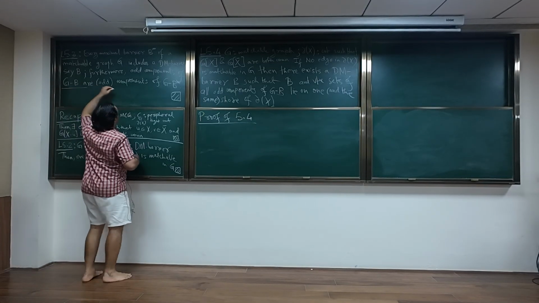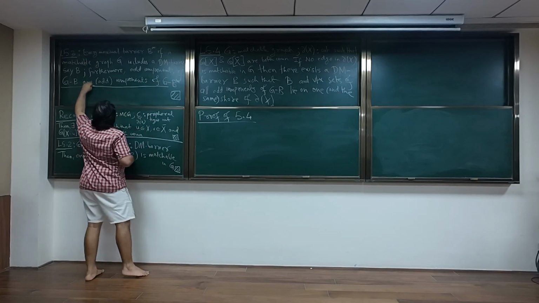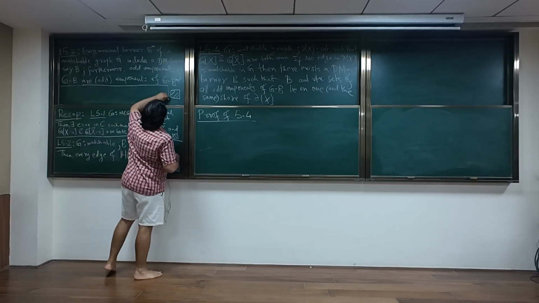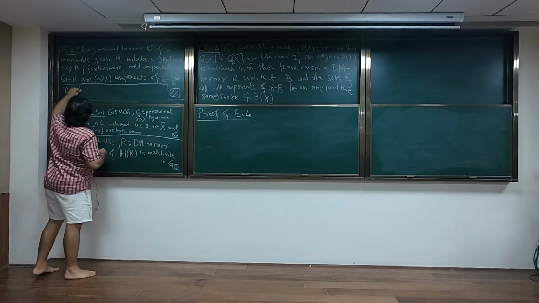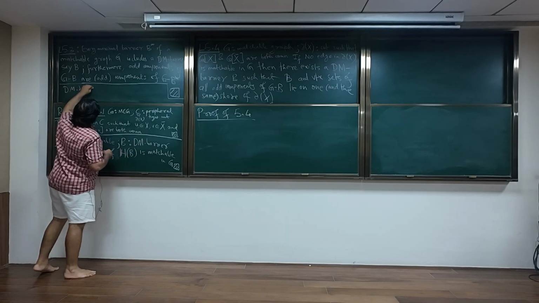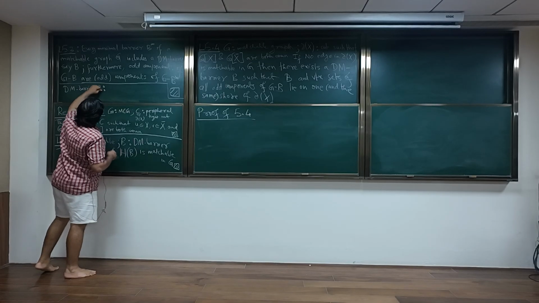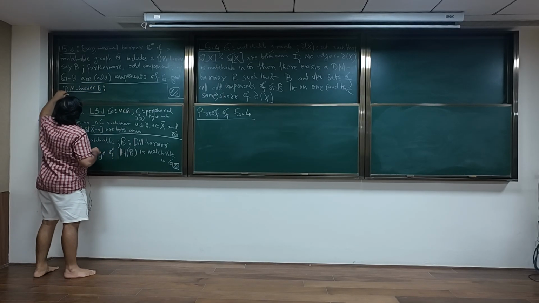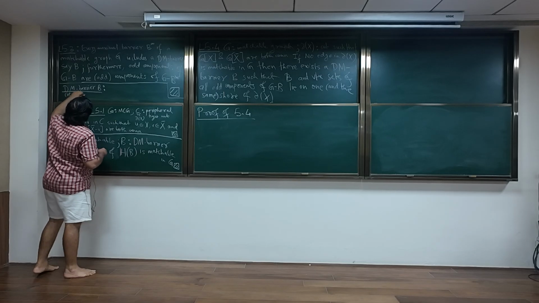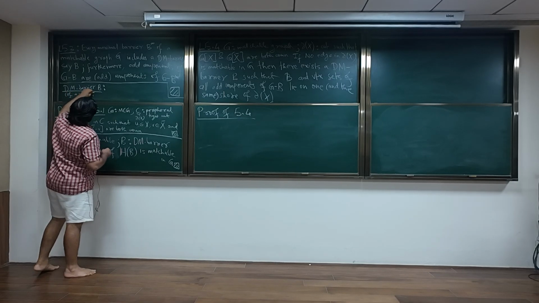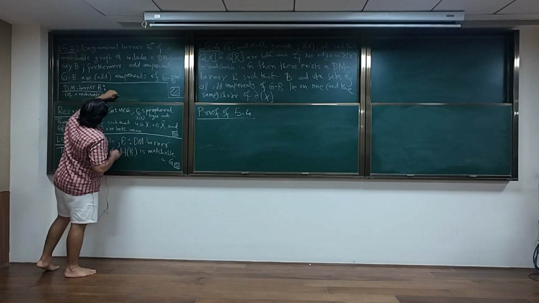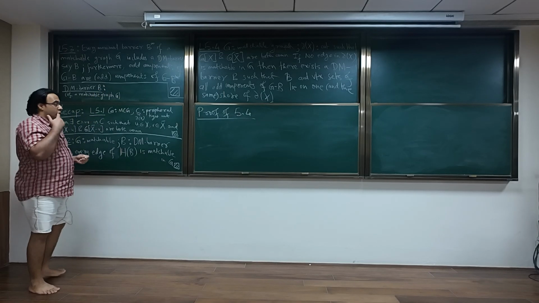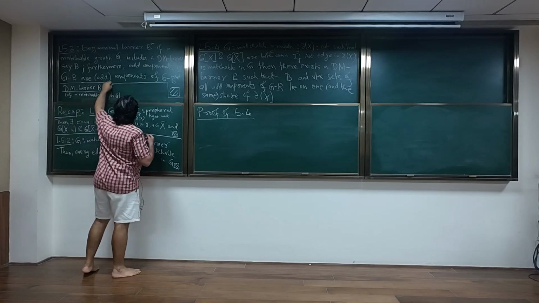So let's just recall what a Dulmage-Mendelsohn barrier is. This is for a matchable graph. We want the core to be matching covered.